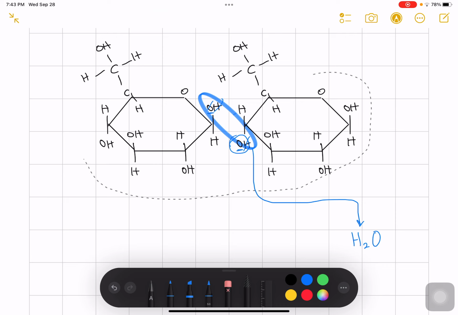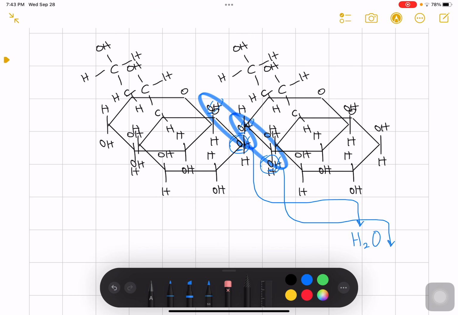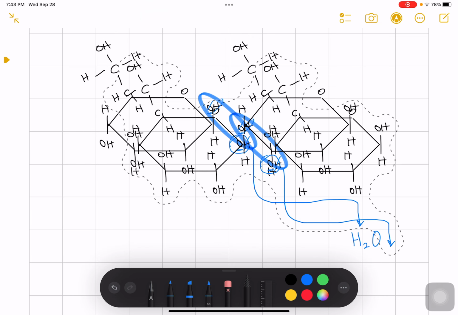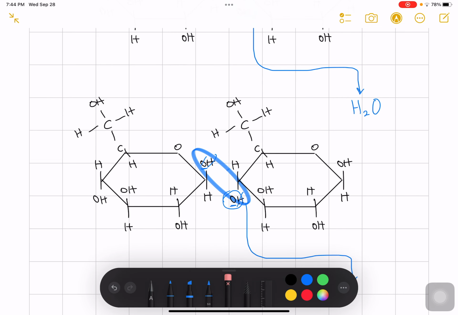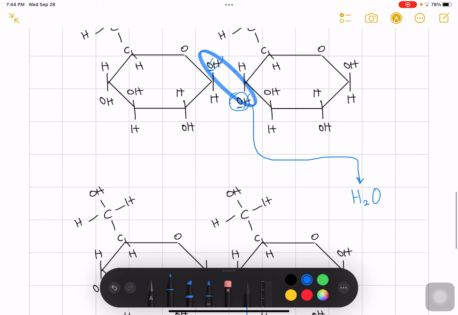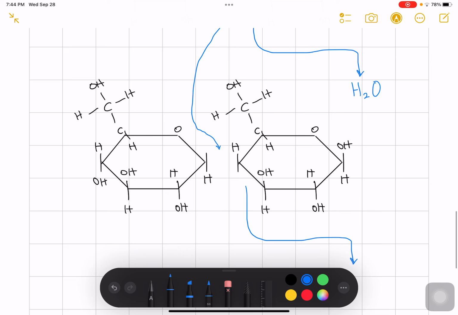Well, in fact, what will happen is that these two glucose molecules will form something sort of like a bond. Actually, it is a bond, but it's going to be called a special type of bond. I'm going to erase these because they're gone. So this leftover O from over here, it's going to come take a spot right here, and it's going to be able to connect to both of these.